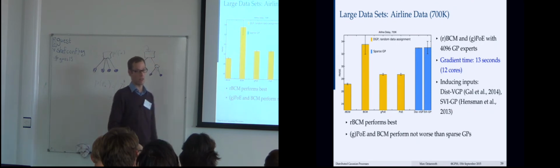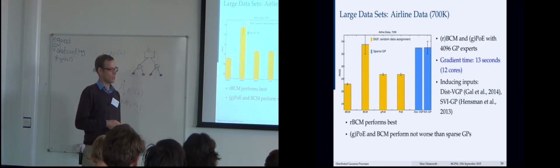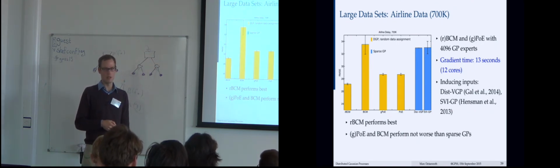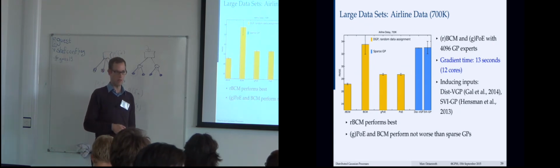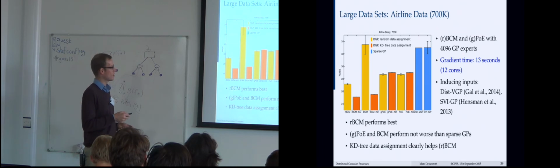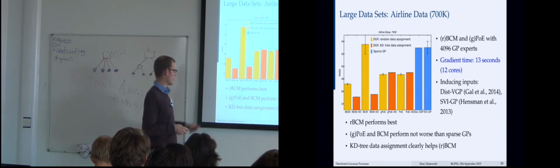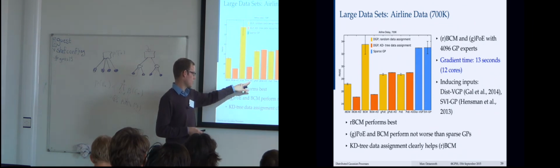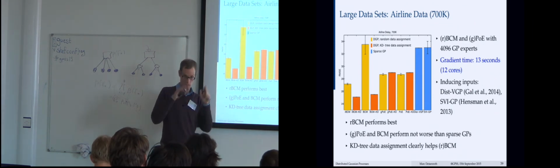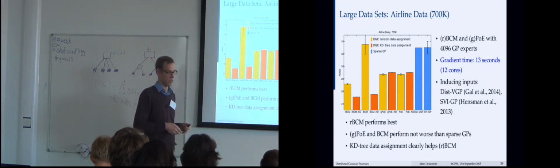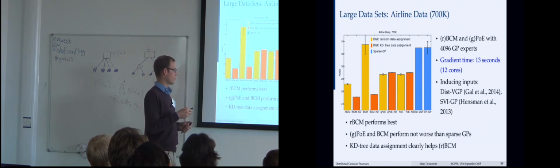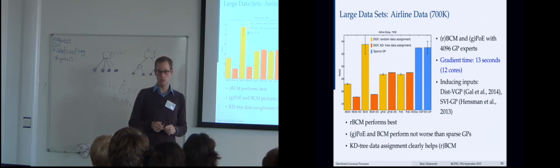So then you can say, well, if you don't distribute them randomly, and do something better and pre-cluster the data, so we did some clustering with KD trees, then the performance for the BCM and the robust BCM increases significantly, whereas for the product of experts model, it doesn't really matter so much.